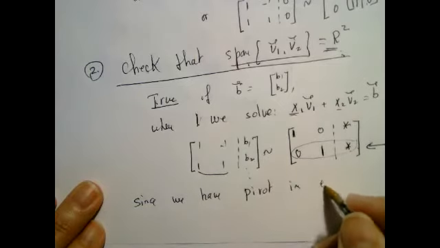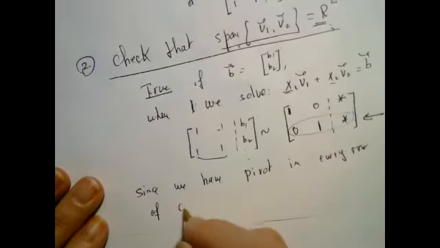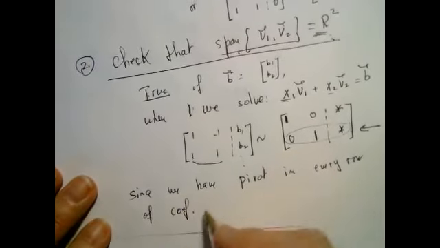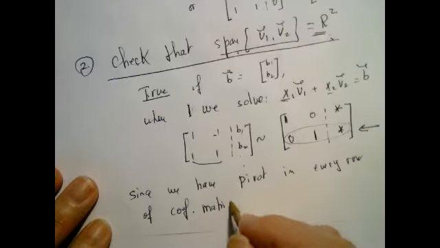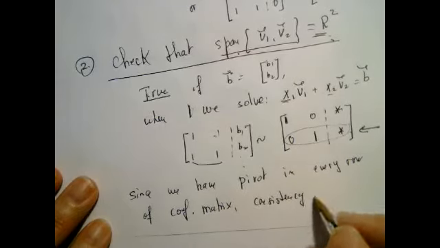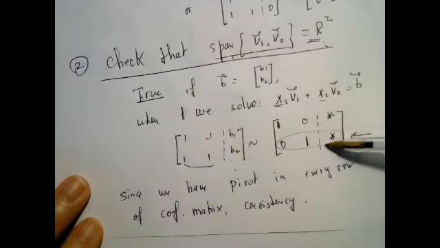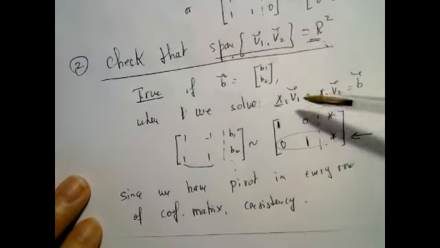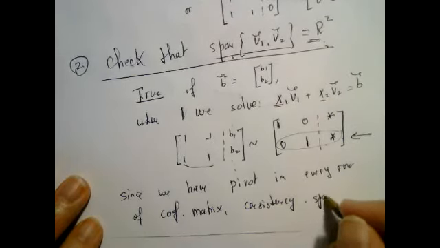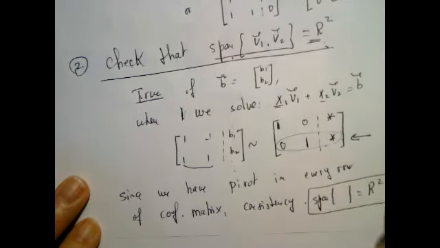It means no matter what you put here, I will be able to find weights that let me write B as a combination of V1 and V2. So the span is all of R2.